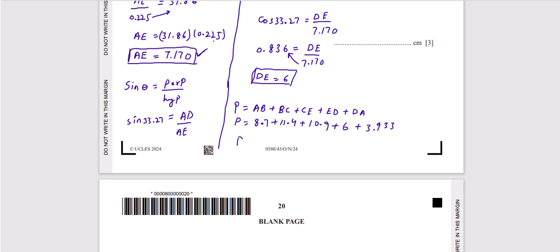Sum of these values, that is equal to 40.9 centimeter. This is our final answer, 40.9.